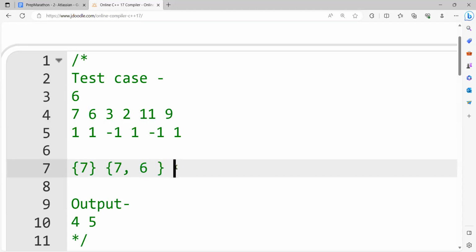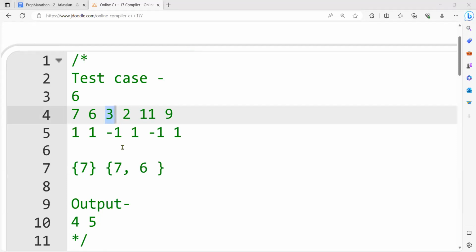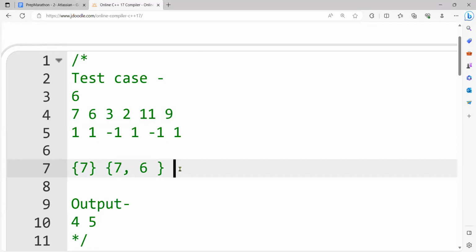Now when I go to the next index, the strength of that ball is 3 and it is moving in the left direction. So here the collision is possible. Now what is the result of the collision?